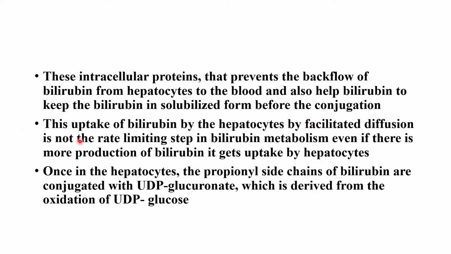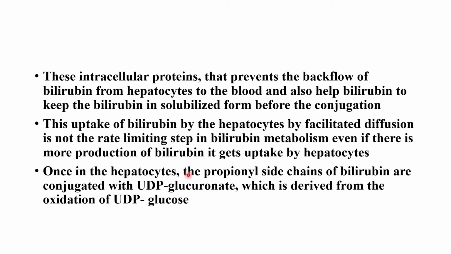Remember, this is important: uptake of bilirubin by the hepatocytes by facilitated diffusion is not the rate limiting step in the bilirubin metabolism. Even if there is more production of bilirubin, it gets taken up by the hepatocytes.